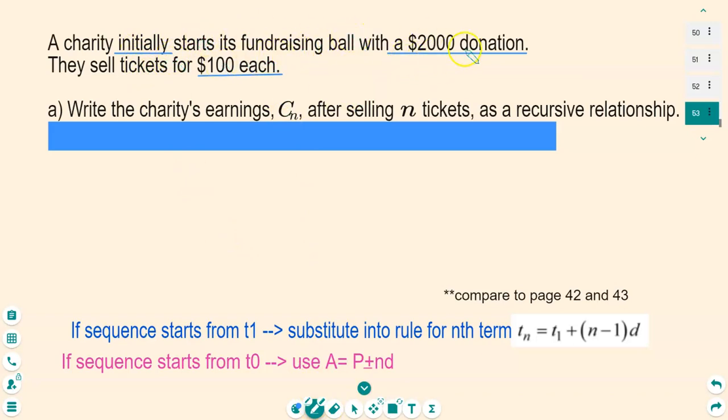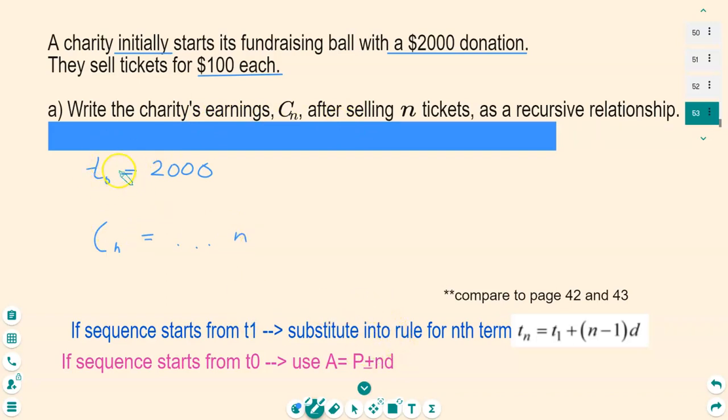Initially starts with a $2,000 donation. So before anything's even done, they get $2,000. T0 is 2,000. They sell tickets for $100 each. And we want their earnings, Cn as a function of n.